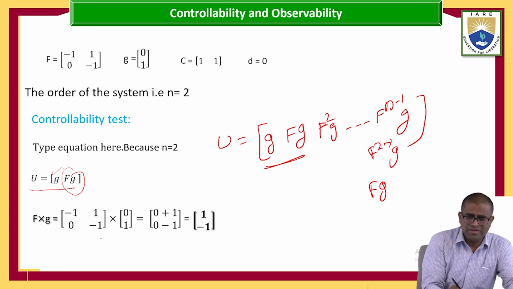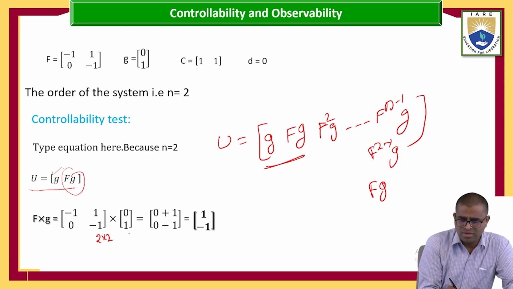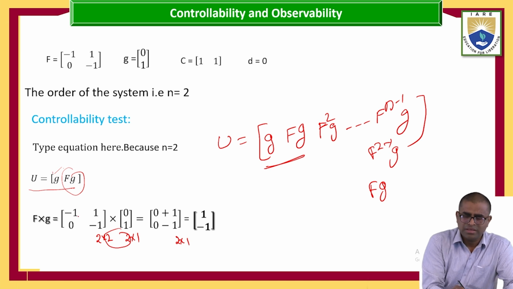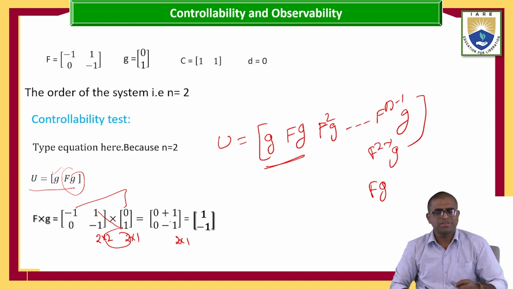The f size is 2 by 2, and the size of g is 2 rows, 1 column. So the result is 2 by 1. Multiplication: first row, 0 into 0 plus 1 into 1, that is 1.